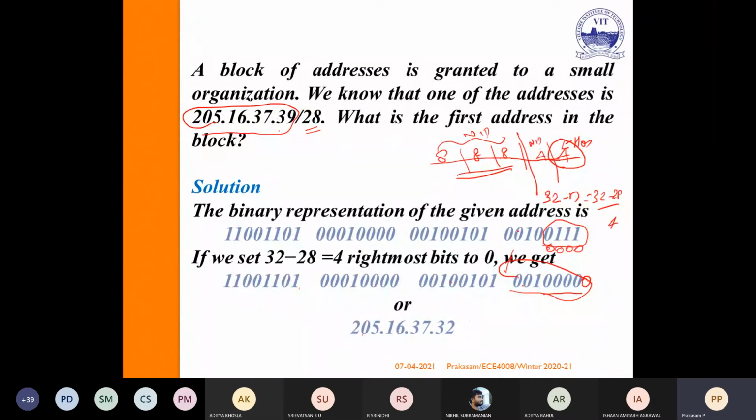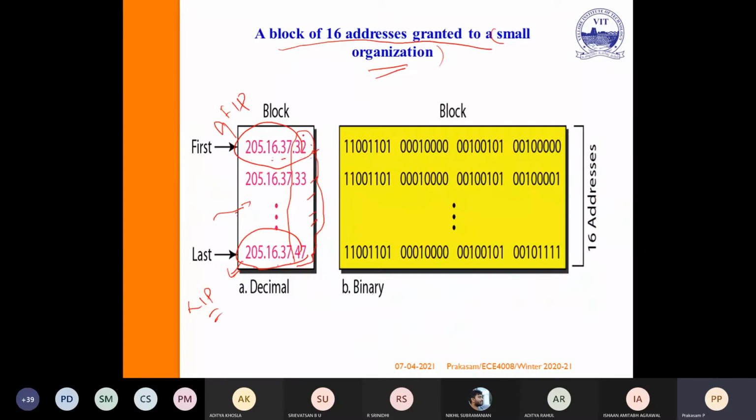So the first IP address is 205.16.37.32, which matches our assumption. So to find the first IP address, just set the rightmost 32 minus n bits to 0 in a given IP address, and you will get the first IP address.